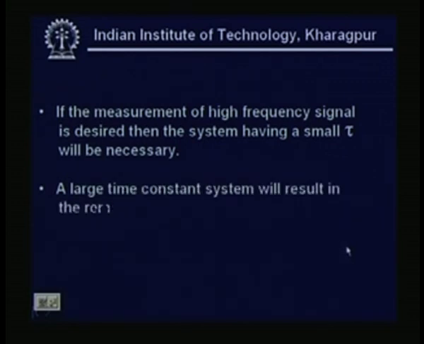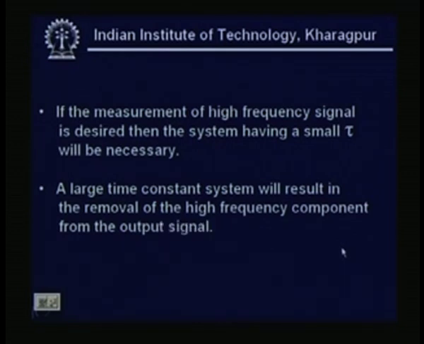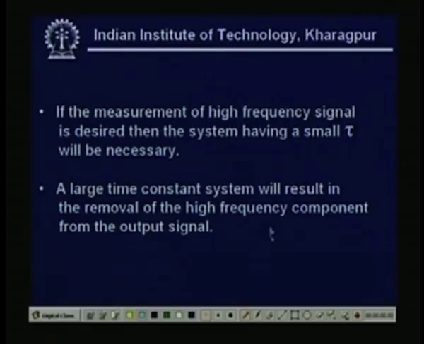A large time constant system will result in the removal of the high frequency component from the output signal. Quite obviously, if the frequency is high, then if you look at the plot, I have a plot like this. You see here it is falling down, so omega tau is large.